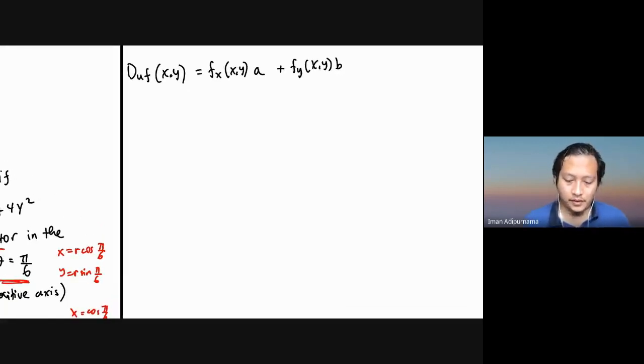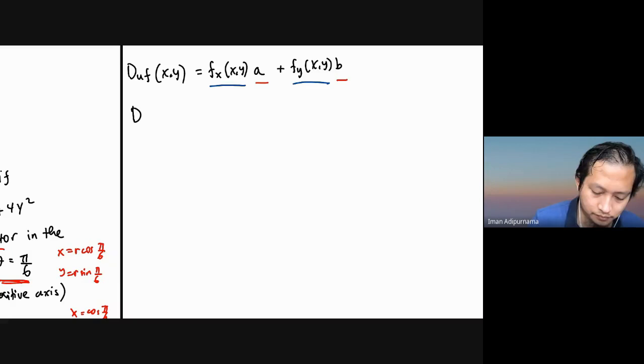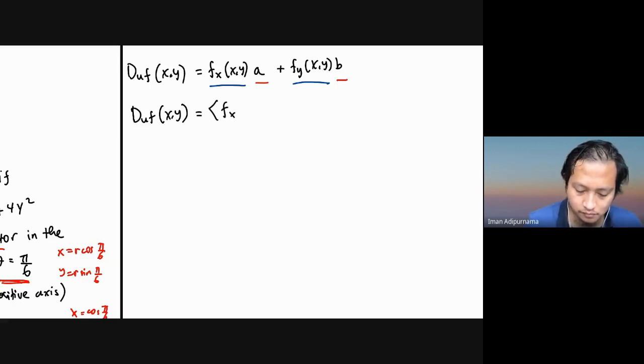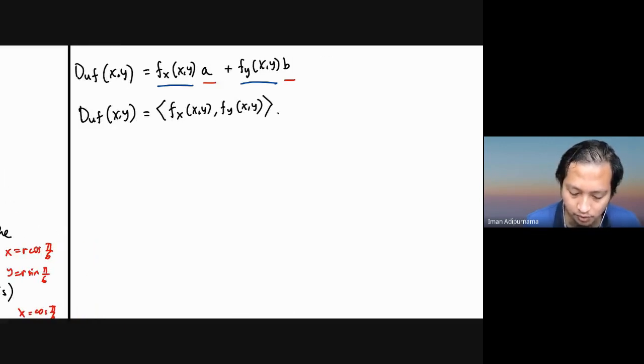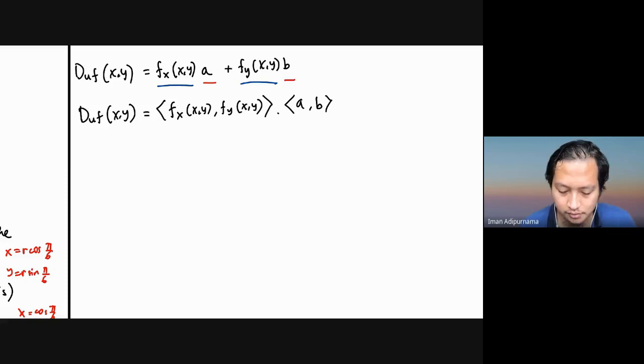Now we can take this and this into a dot product. This is actually a dot product.